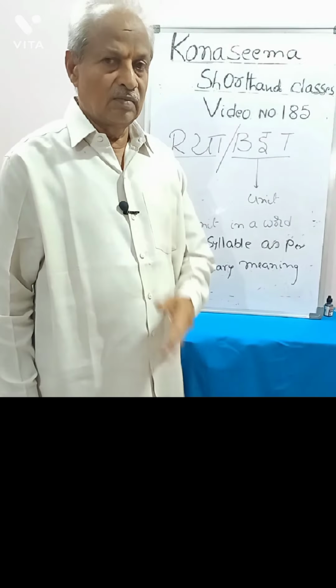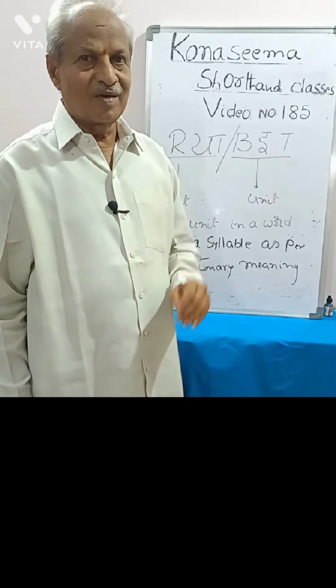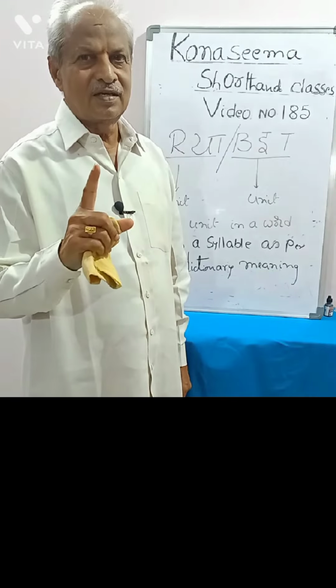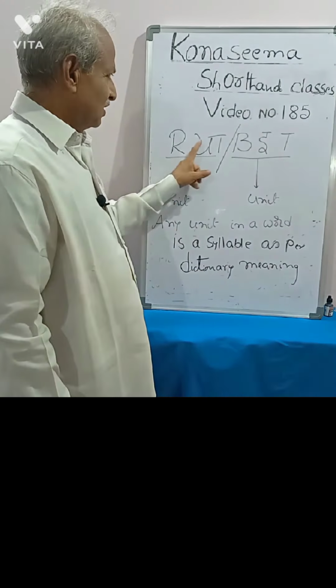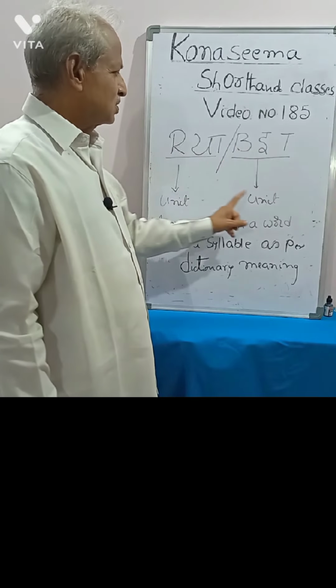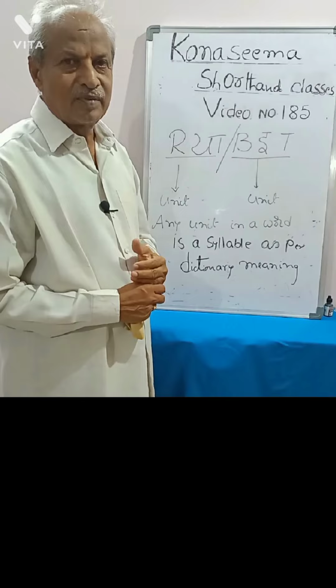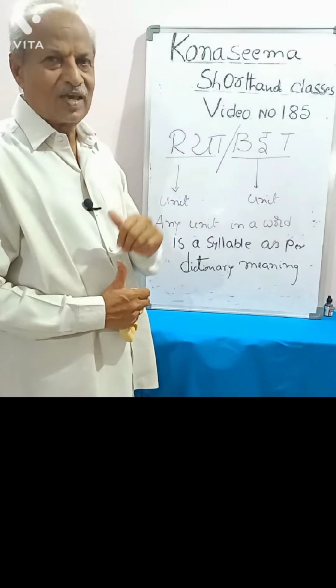Now in our chapter halving principle, we are talking about single syllable or more than a single syllable. So here in this word 2 syllables came and hence this word is pertaining to more than a single syllable. Okay.